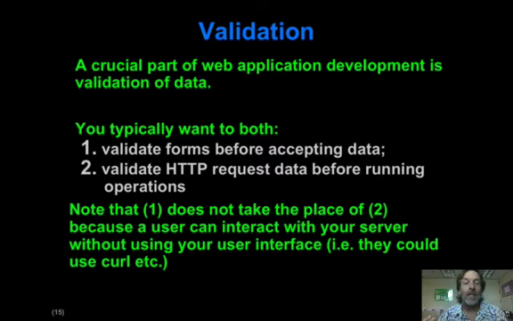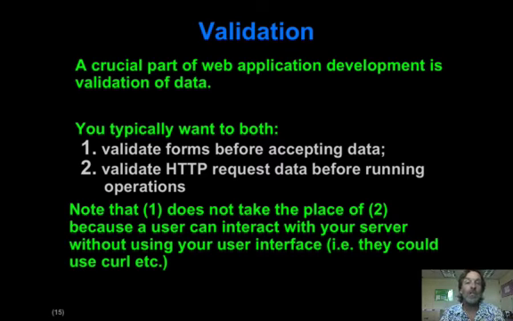Okay, so even though it's nice from the user experience side to make sure that your forms are doing all this client-side stuff, you still have to validate the HTTP request on the server side to make sure that people aren't doing something different from whatever your user interface did. And of course, this can create security risks and everything else if you don't do any validation within the server.